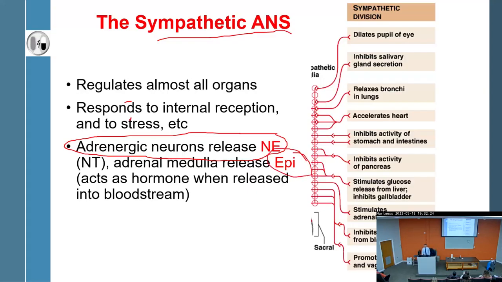And you have here innervation. This is a very basic diagram that shows how the sympathetic neurons, we can say, come together in what's called a sympathetic chain ganglia. And from there, you have nerves that go to different organs. Okay? That's just to show you how things work very briefly on the sympathetic autonomic nervous system.